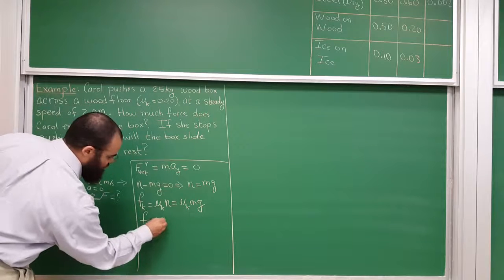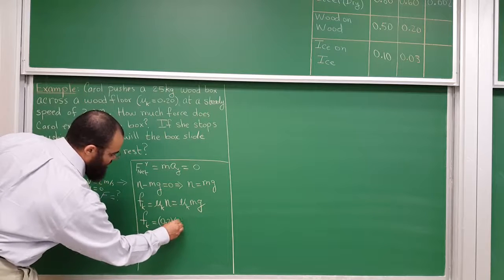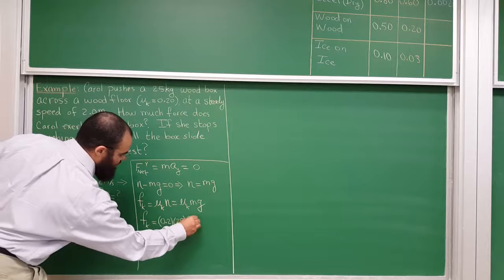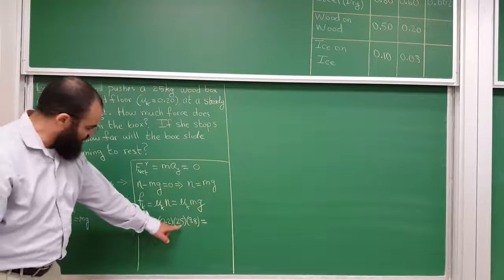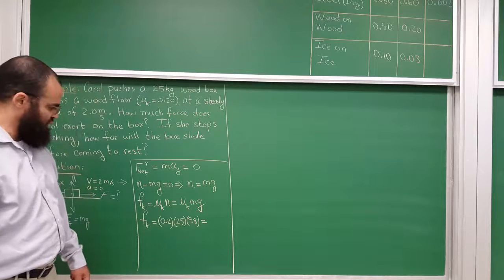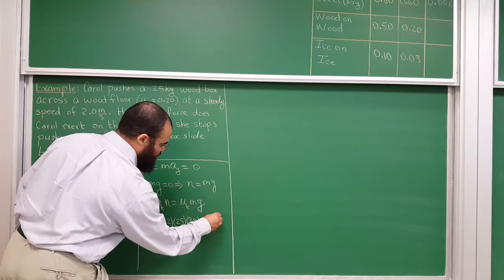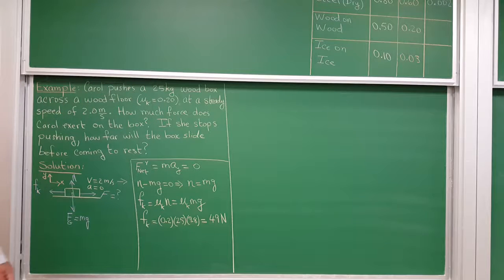It's 0.2. 0.2 times the mass, that's 25 kilograms, times 9.8, and I get what? A fifth of 25 is 5, and 5 times 9.8 is 49. So it's 49 newtons. That's the force of kinetic friction.